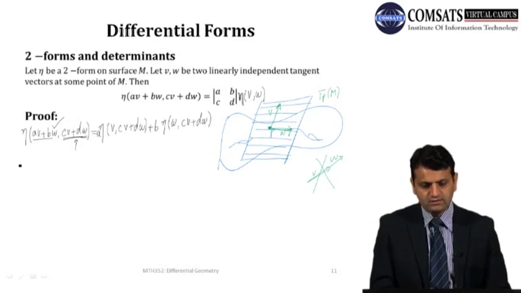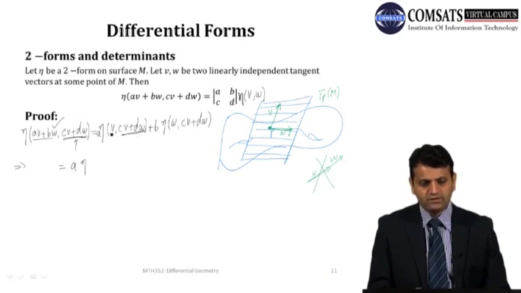Now this can be written as, so this implies this is equal to A eta. Now eta is also linear in the second coordinate. इसका मतलब है V को मैं fix रखूँ तो I can write it down as A into C eta VV plus A into D eta VW, plus B into C eta WV plus B into D eta WW.